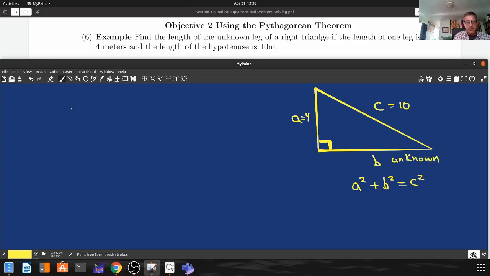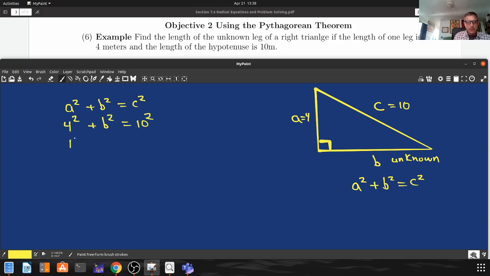So we start with A squared plus B squared is equal to C squared, but A is equal to 4, B is my unknown, and C is equal to 10.